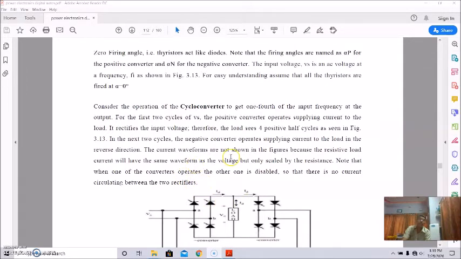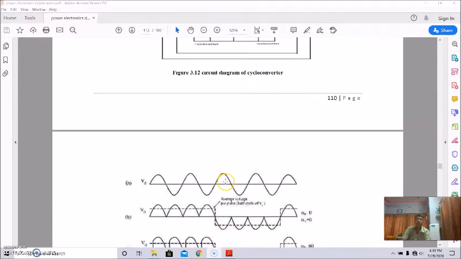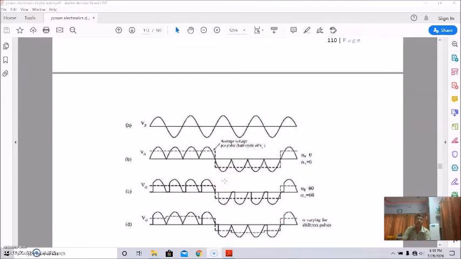The current waveforms are not shown here because the resistive load current will have the same waveform as the voltage, only the scale will be decreased by the resistance. Note that when one of the converters operates, the other one is inhibited, so that there is no current circulating between the 2 rectifiers. Okay, so this is the case.